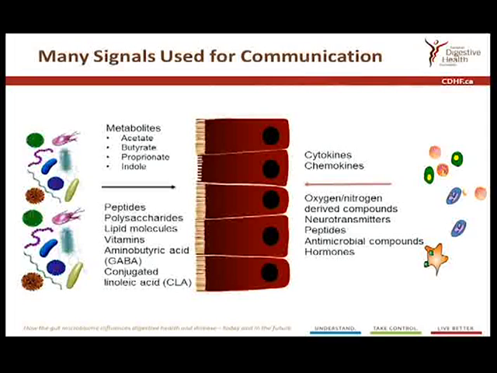Peptides, polysaccharides, vitamins, GABA, conjugated linoleic acid, all of these produced by the bacteria are used as signals to the epithelium. Coming from the other side, we have things like cytokines, chemokines, hormones, peptides, all kinds of things that microbes have learned how to recognize even though they're host-derived.